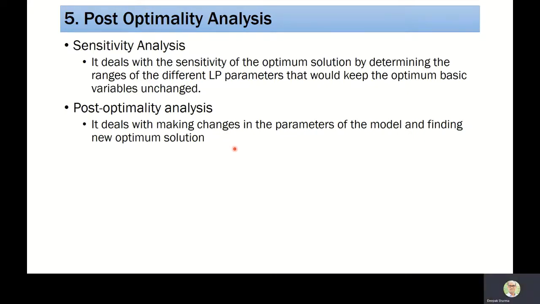In that case, this post-optimality analysis will help us find the new solution.